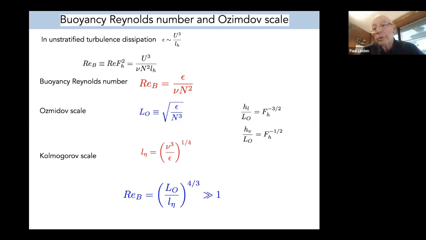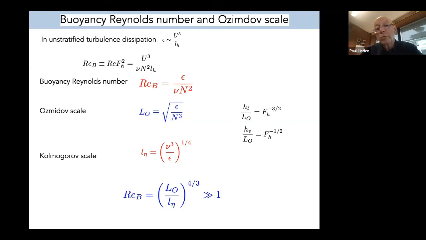I'm sure you'll be familiar with the Kolmogorov scale, which is the scale at which dissipation takes place through viscous effects, written here as L eta, which again from dimensional arguments comes out to be the viscosity cubed over the dissipation all to the quarter. And so we can write the buoyancy Reynolds number as the ratio of the Ozmidov scale to the viscous dissipation scale to the 4/3.